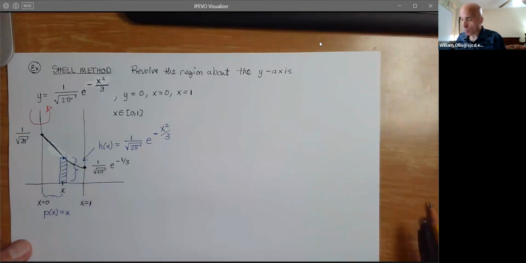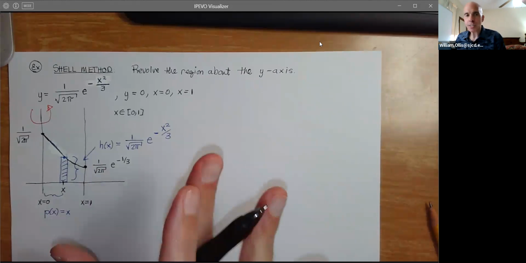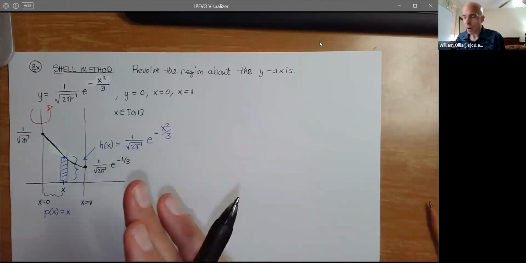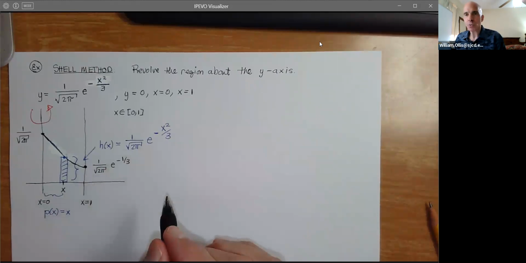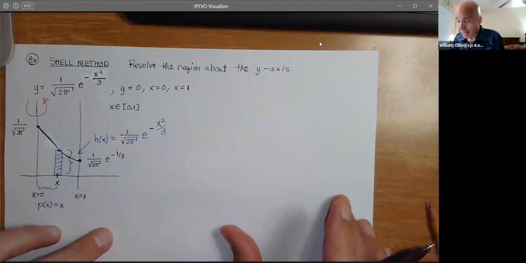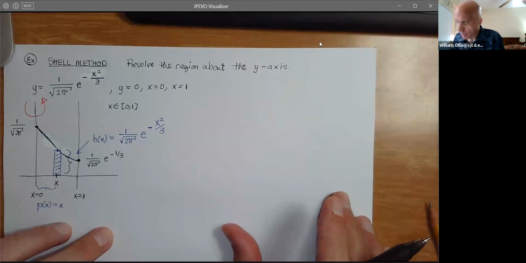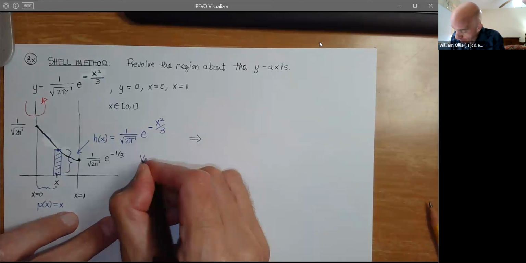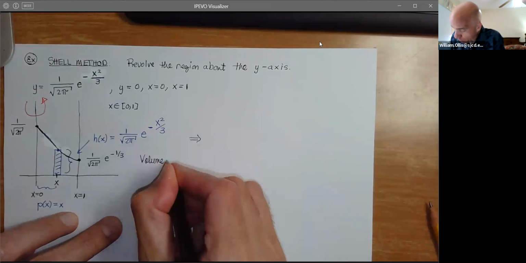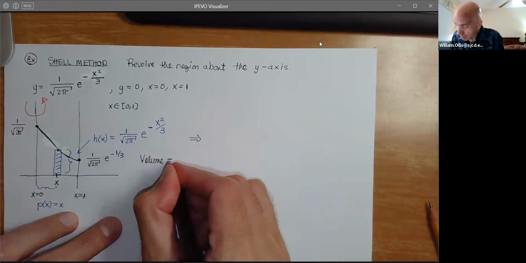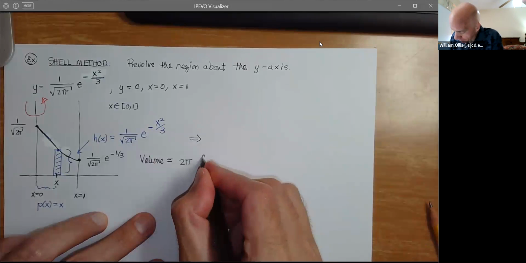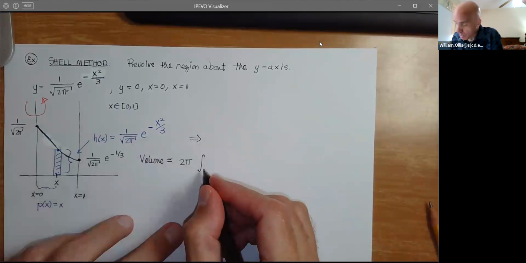Now this is a fairly standard setup, like the 6 over x squared problem, but it has the exponential in it. We need to review this because this is an extremely important function, and I don't think we've done much calculus with it yet. So the volume, with the shell method, has the factor 2 pi, and we integrate from 0 to 1.